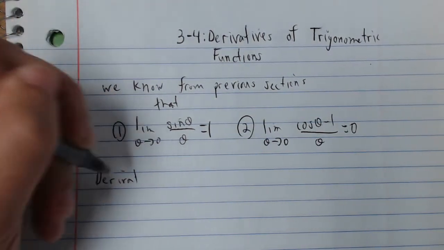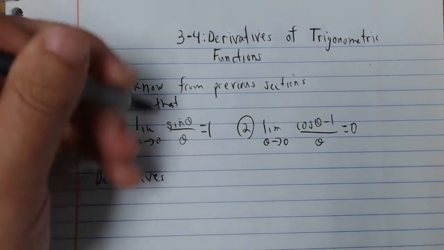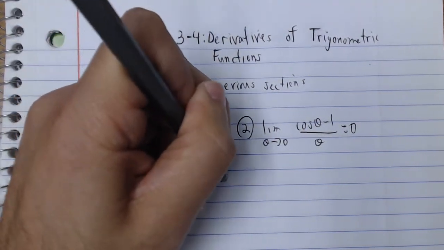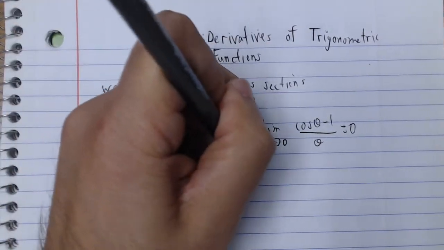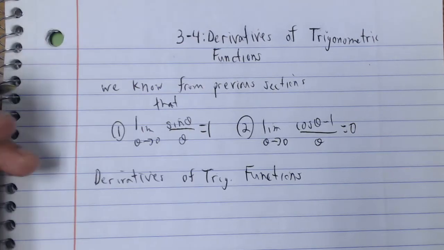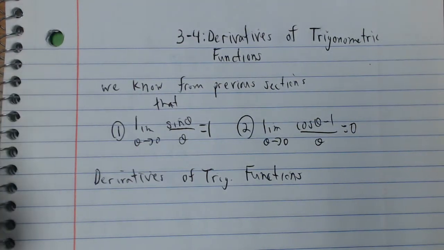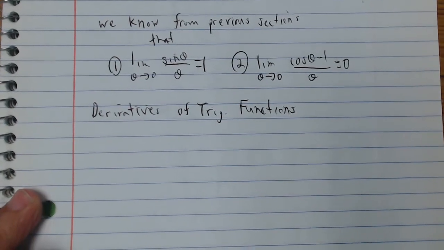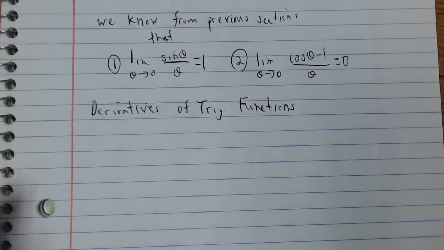Okay, so with that said, let's talk about derivatives of trig functions, and let's start off with sine and cosine. My recommendation to you is that you probably want to just memorize these shortcuts. But if you forget what the derivative of, let's say, sine is, you could always use the definition to derive it.